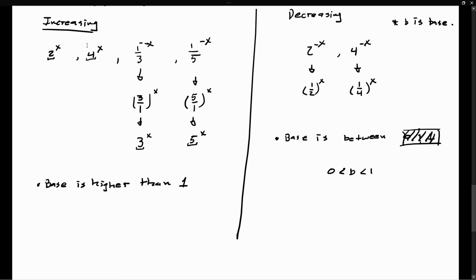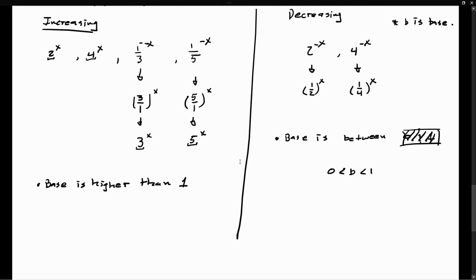When we write everything in positive exponents, once your exponent is positive and your base is still higher than 1, then we label that function as an increasing or exponential growth function. And if my base is between 0 and 1, once my exponent is written as a positive exponent, then we can label that as a decreasing or exponential decay function, since we're talking about exponential functions.